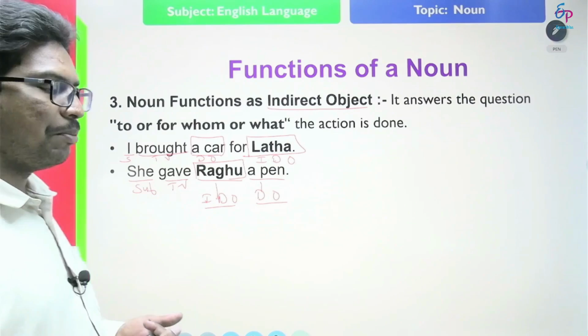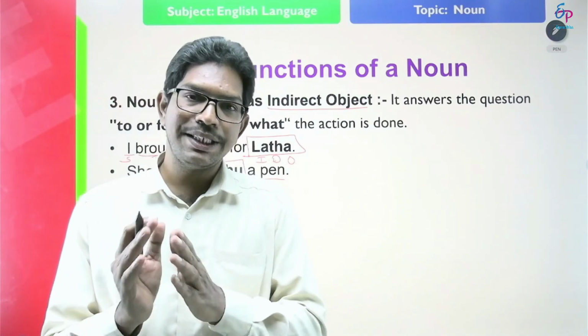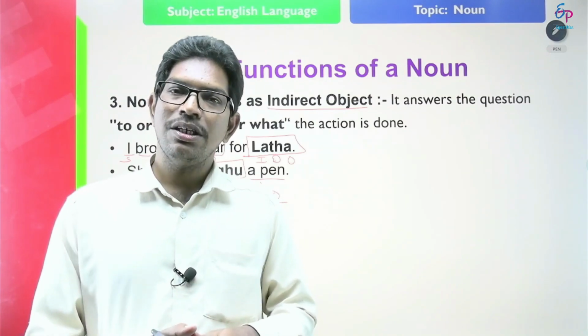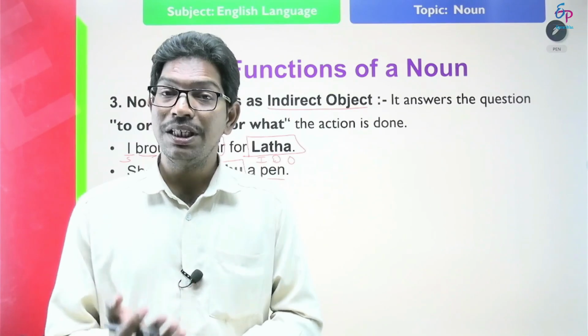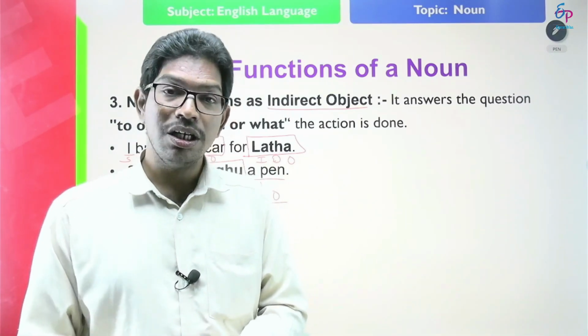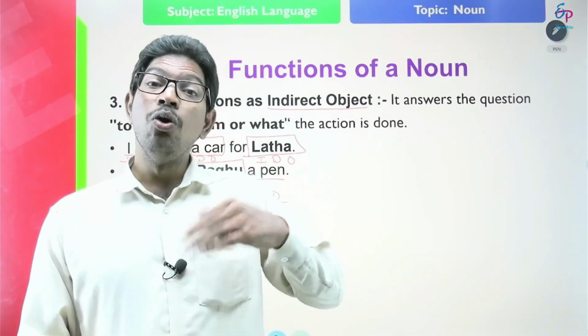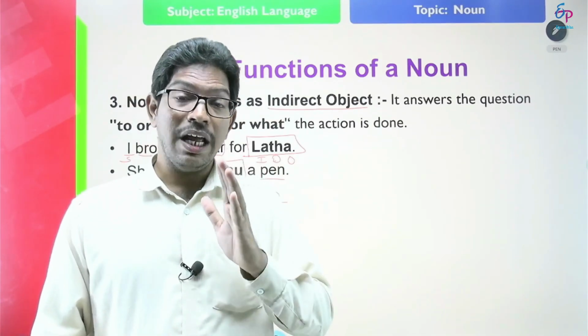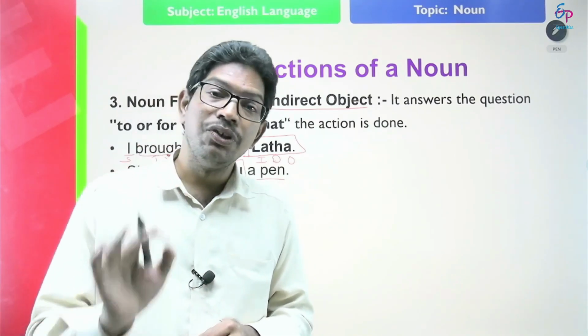I'll give you one more example. She will present. She will present what? She will present a gift. A gift is called a direct object. What will she present? A gift. To whom? She will present a gift to Manoj.